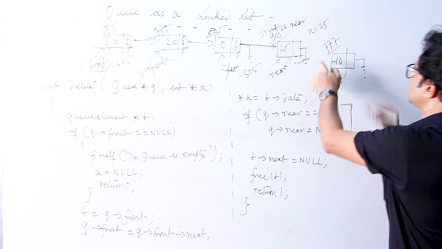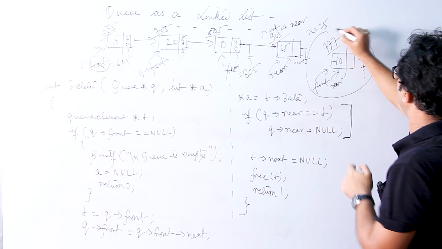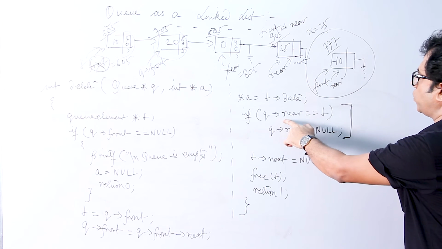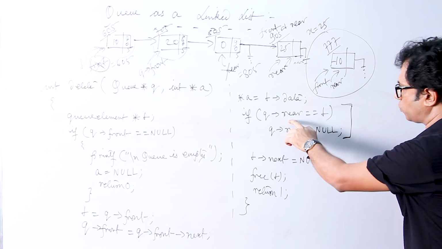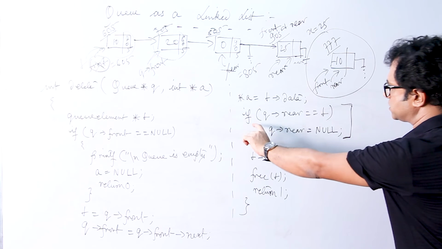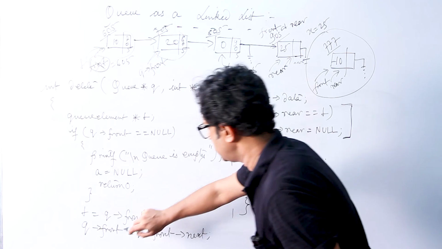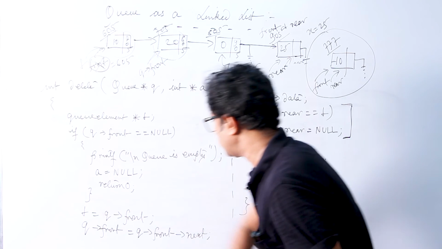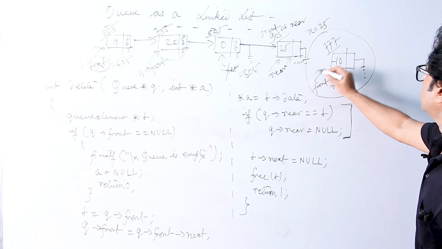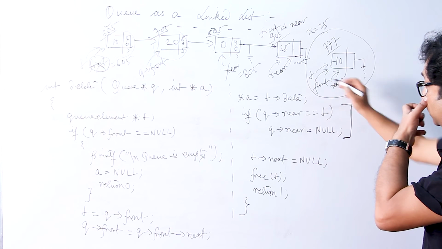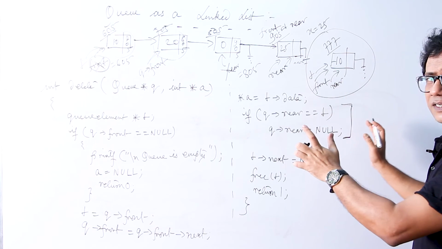If a standalone node represents the entire queue, then we have to make some necessary changes, for which I have written these two lines. By this logic we have taken t is equal to q front, so t points to this 777. Now t, front and rear are all at the same position.